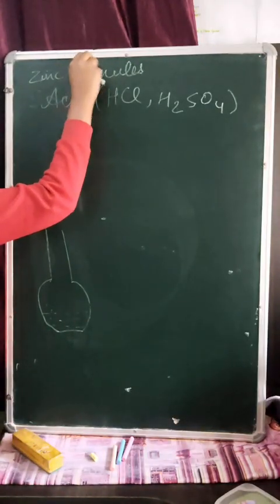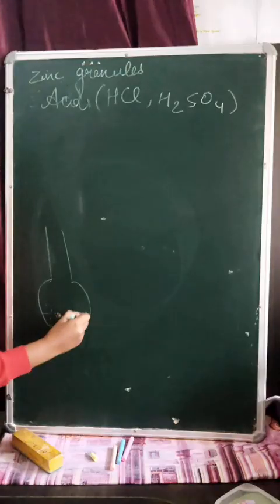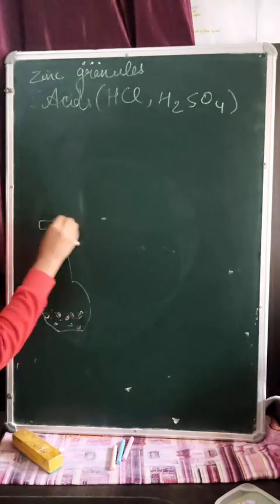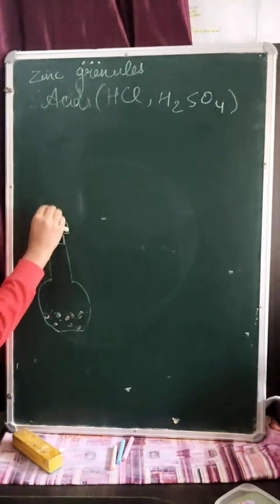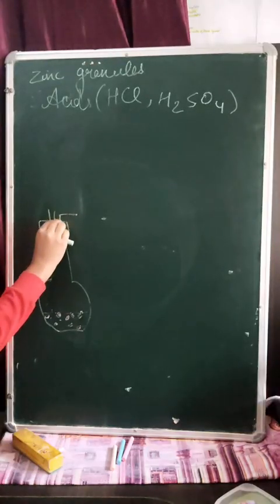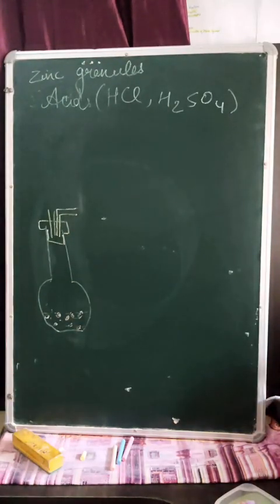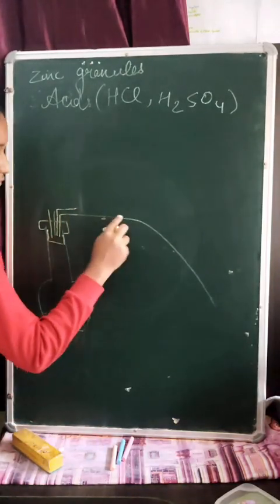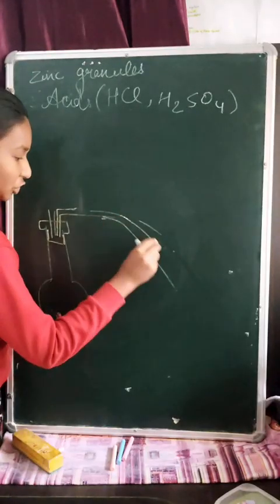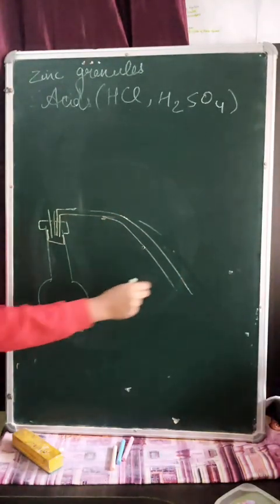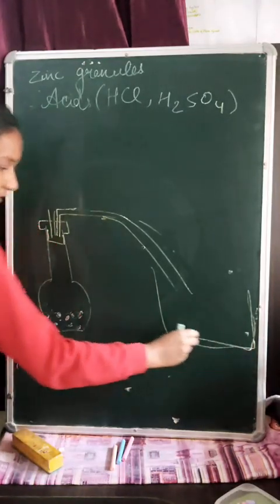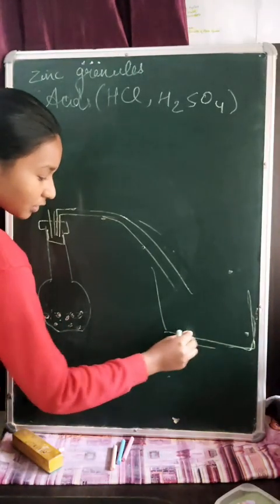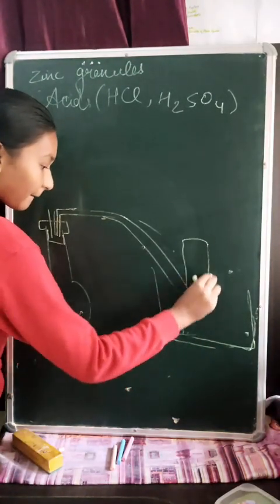I'm denoting this with this color, okay? The zinc granules, and put the stopper over here with one end like this and one end here. So we'll put the zinc granules, we'll pass on the delivery tube. We'll take a beaker. Now we'll take a flask which will store our hydrogen.